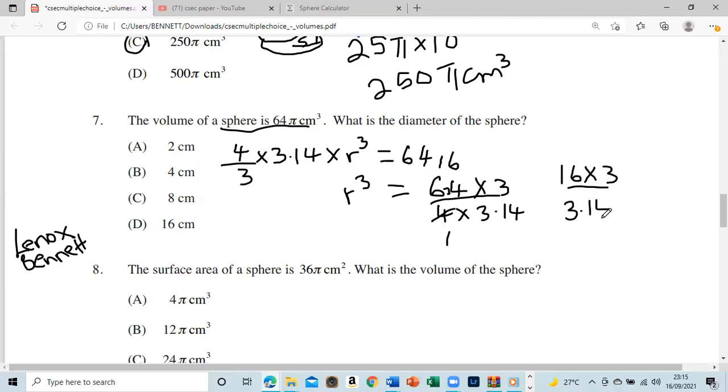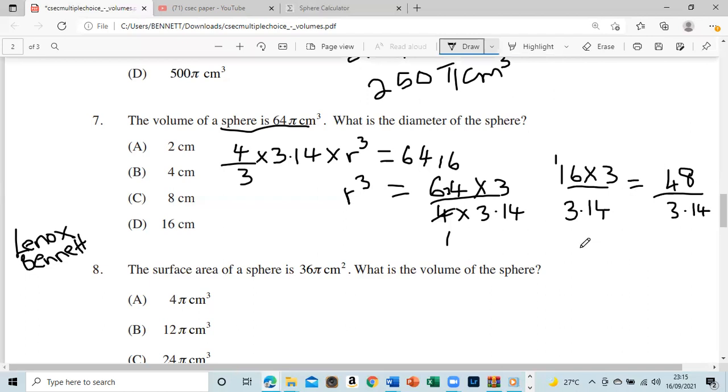This can be really tricky. 3 times 16, 3 times 6 is 18, then 48, right? So that's 48 divided by 3.14.